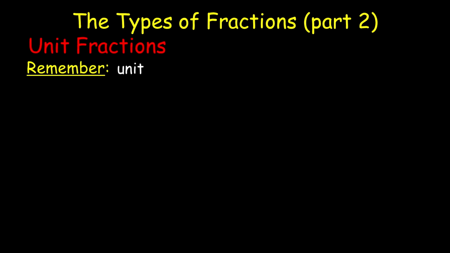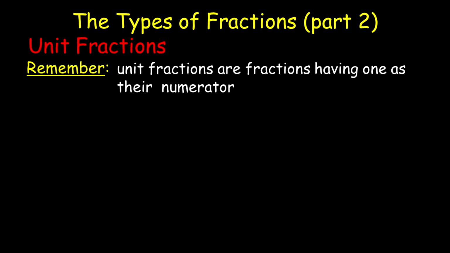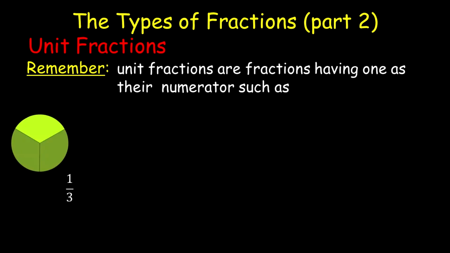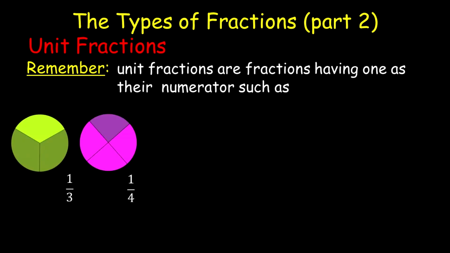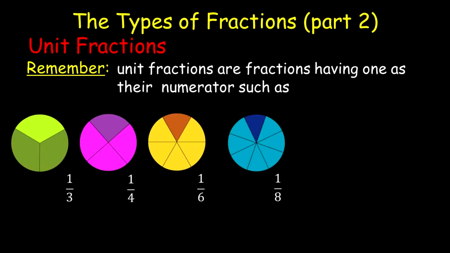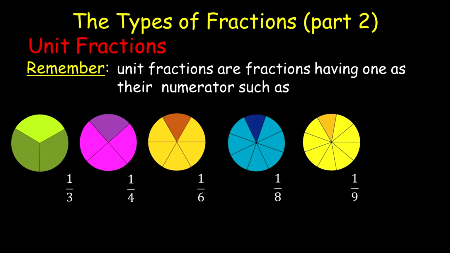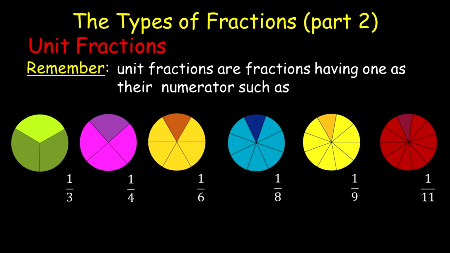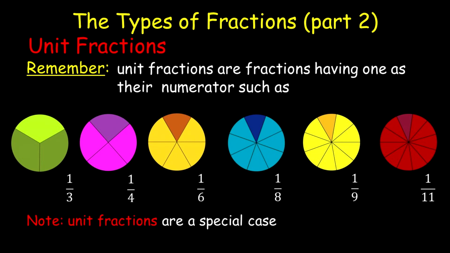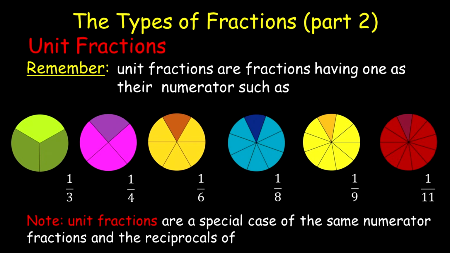Remember, unit fractions are fractions having 1 as their numerator, such as 1/3, 1/4, 1/6, 1/8, 1/9, 1/11, and so on. Note, unit fractions are a special case of the same numerator fractions and the reciprocals of whole numbers.